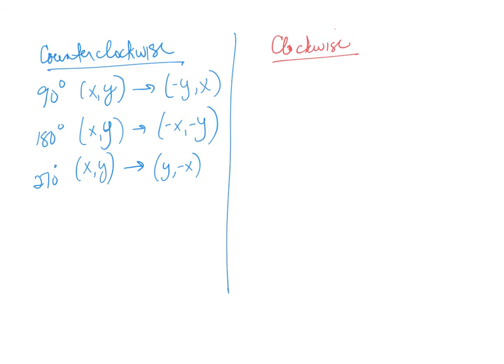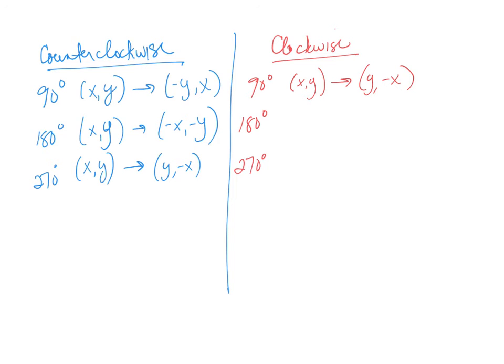So if I'm rotating clockwise 90 degrees, we said that that was the same as a rotation of 270 degrees counterclockwise. So the rule for 90 degrees clockwise is the same as the rule for 270 degrees counterclockwise.